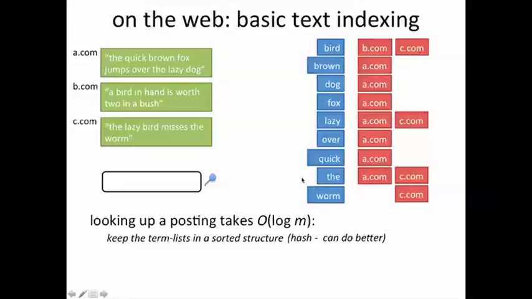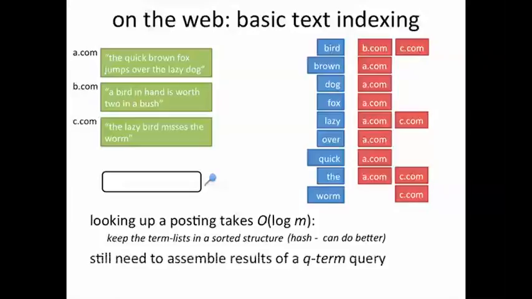For example, if you have q terms in your query, like the bird, 2 terms in this case, you have to look up the word the and get a.com and c.com, look up the word bird, getting b.com and c.com, and you have to assemble the results, which consists of all 3 documents, and also order them so that the document c.com comes first, because it matches both the words in your query, unlike a.com or b.com where only one word matches.